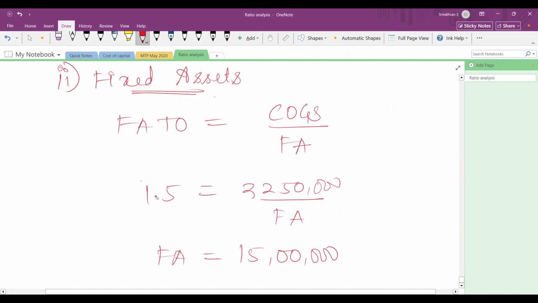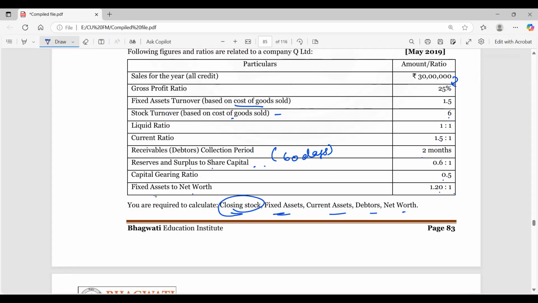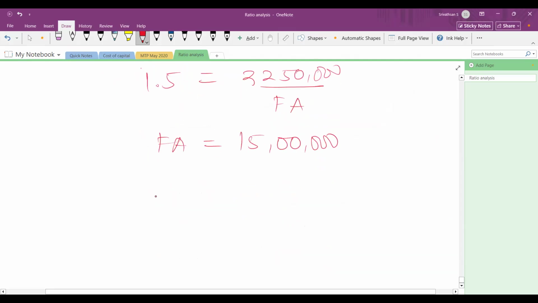Clear? Any doubt? Next requirement of the question is to calculate current asset. But listen, before calculating current asset, first we can calculate net worth because it is given fixed asset to net worth. So we can do the fifth requirement of the question. Net worth.